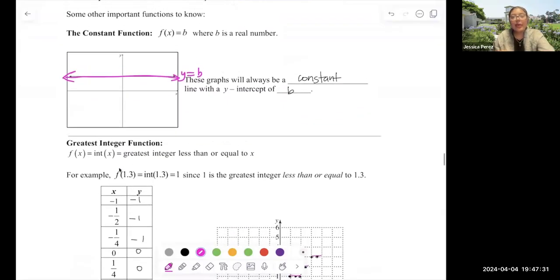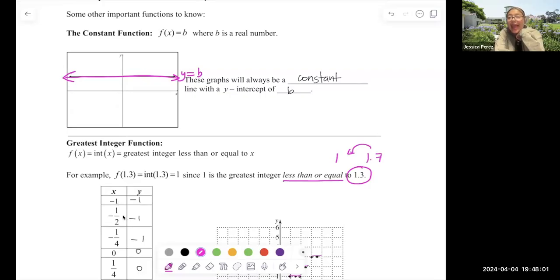Now, I want to talk about the greatest integer function. For 1.3, which integer is it closer to? 1. The greatest integer is less than or equal to the number. So for 1.3, even 1.7, the greatest integer less than the value is 1. So you always go back to the integer. If you're -1, you're the same.